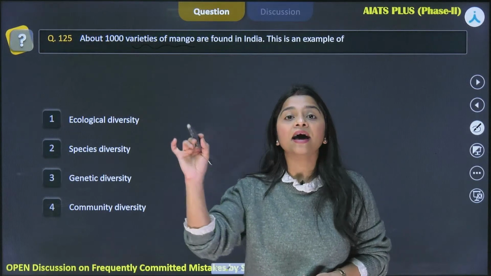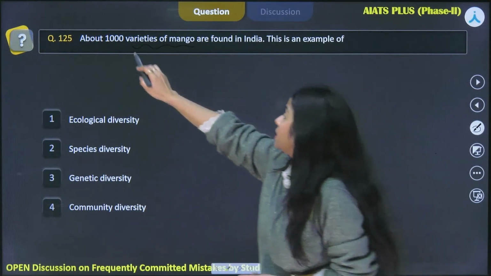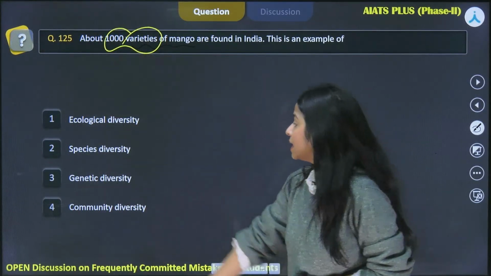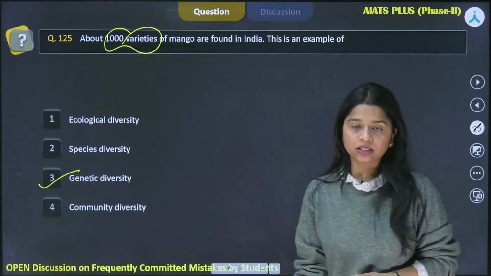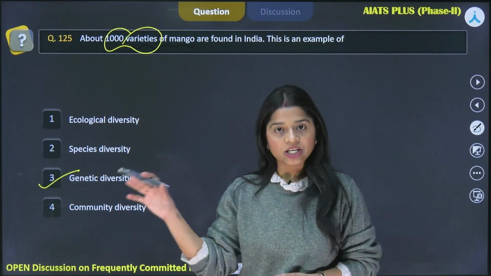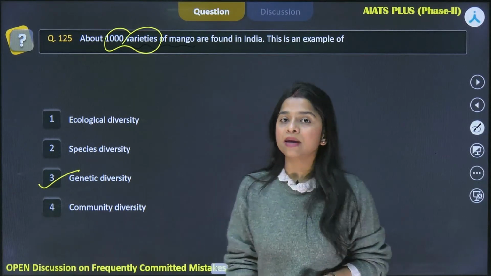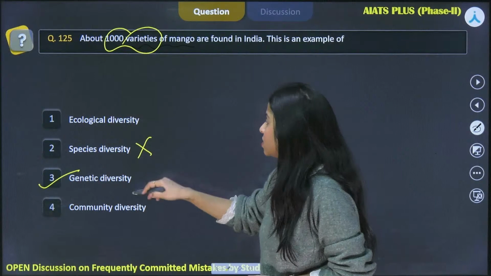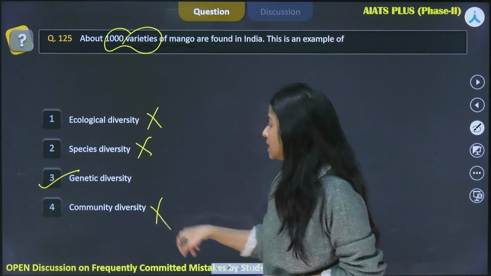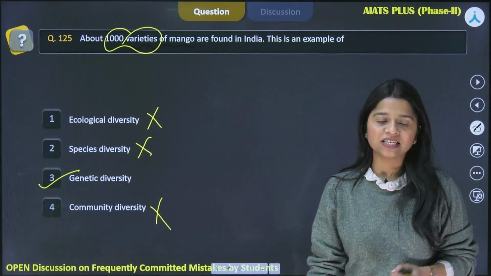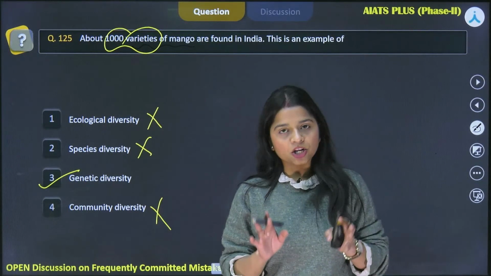That is Mangifera indica. But there are 1000 varieties, so the correct answer is genetic diversity. Only the genetic level changes are taking place, that is why so many varieties, but the species is still remaining the same. So no species diversity, not ecological, neither community diversity. All right, I hope this explanation is clear with you.